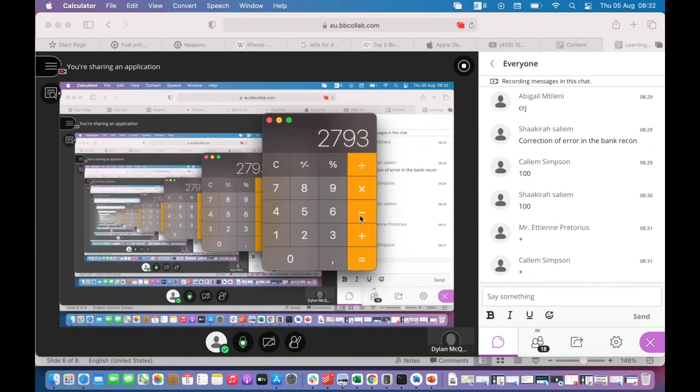So again you need to just quickly calculate to see what's the difference. 2,793 minus 2,643, and you get 150. Because remember this is a deposit, so that means that we are saying we received 150 more than we actually should have. So what we need to do is we cancel out. Remember we wrote BR next to this amount there, so we cross that out, and this actually needs to be rectified.